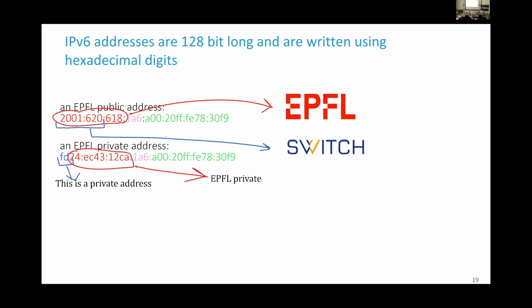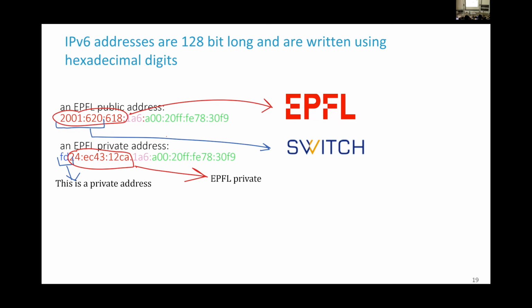So the different prefixes that SWITCH serves in the IPv4 domain are not overlapping, which means that when a router in California has a packet to send to ETH versus EPFL, it needs to have in its routing table one entry for EPFL and another one for ETH, even though they are both served by SWITCH. With IPv6, it will not happen.